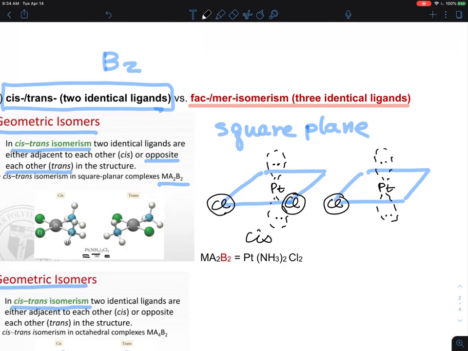And if you choose the opposite one, this is a trans. Right? So this is when you have a compound with 4 coordination, such as a platinum, diammine, dichloro compound, and they can have cis and trans. Yes, they can have both cis and trans when you have square planar structures.